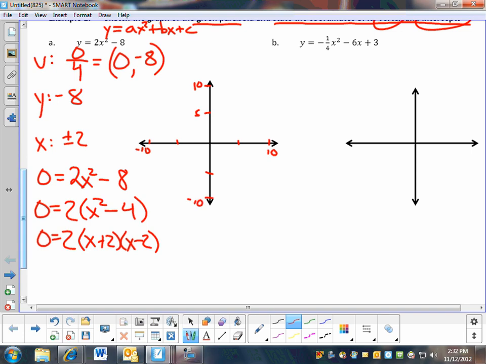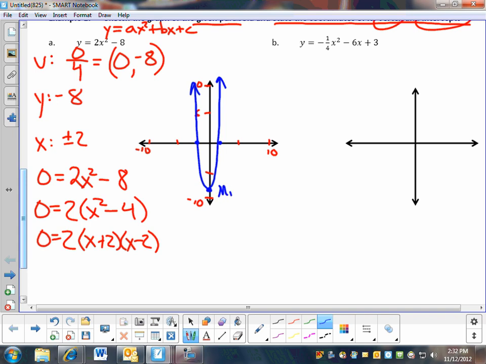Okay, so we plot our vertex, which is (0, -8). My x-intercepts are -2 and +2. Does this parabola have a minimum or a maximum? A minimum.